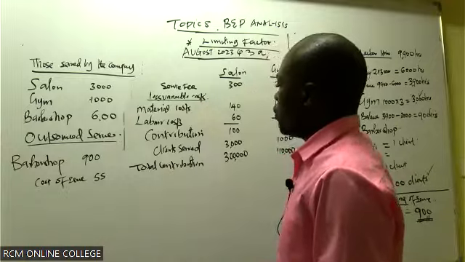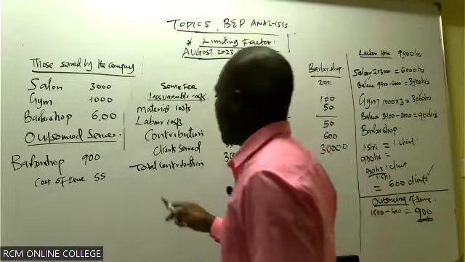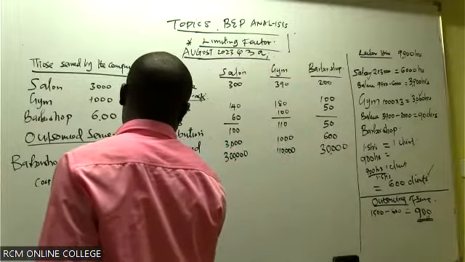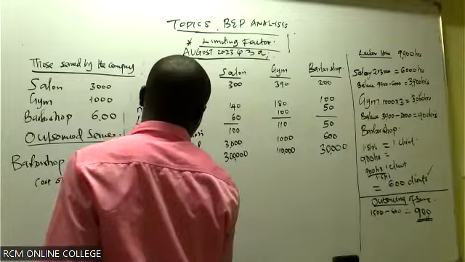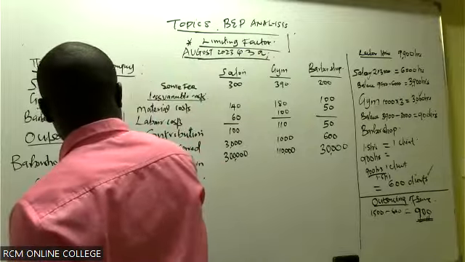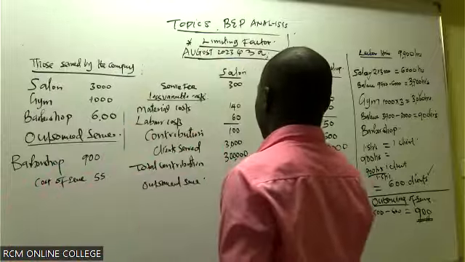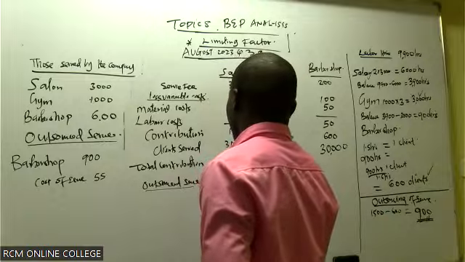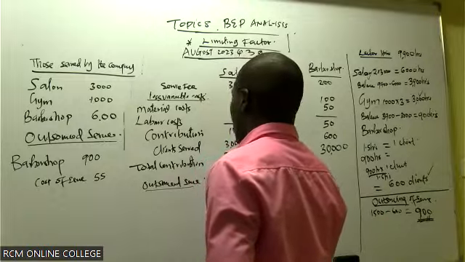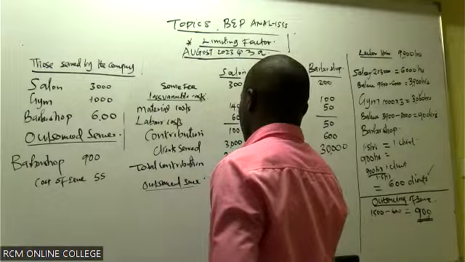So what do we do? This is the contribution of goods that have the clients that have been served. Then outsourced service. Outsourced service will tell us that of the 900 clients that were served, we have 900 outsourced, which you are charged 55.